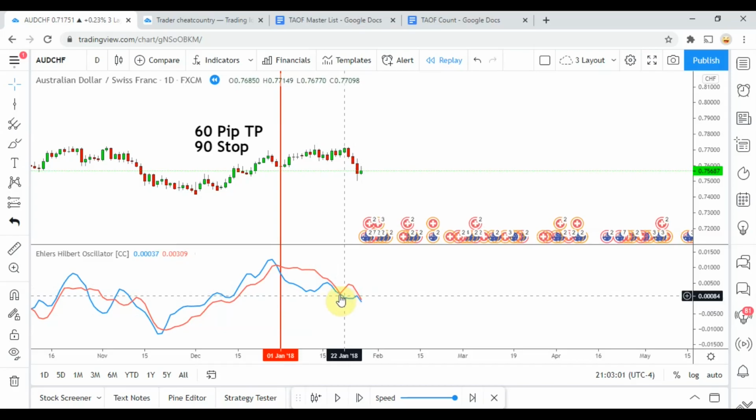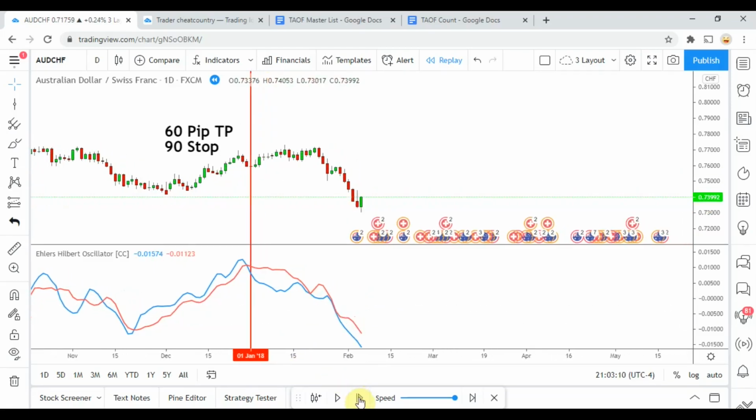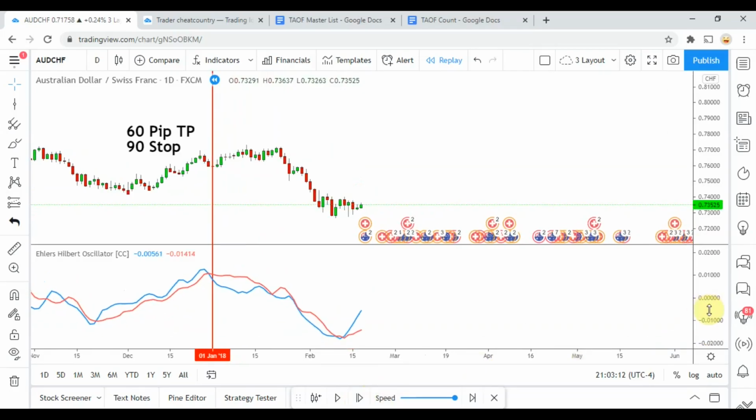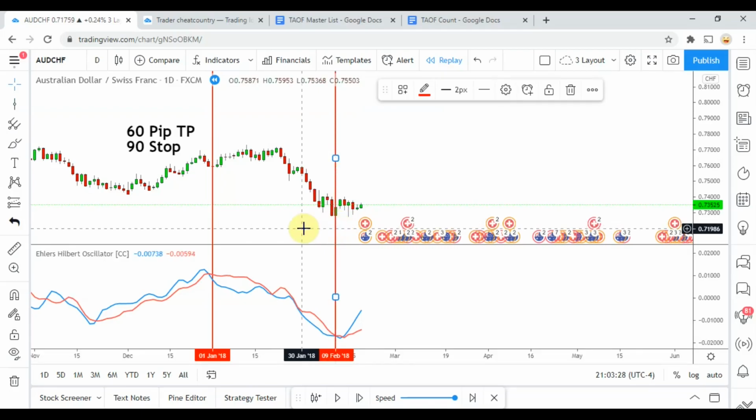Let's see here. 151, 156. So no, it didn't cross there. And it comes down over here, and as it does, looks like we get a cross for just a moment to the upside there.